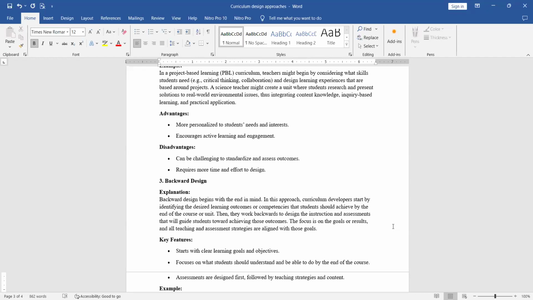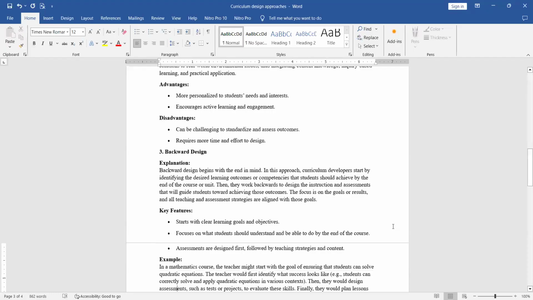Then we will go to the backward design. If you take the backward design, the focus is on the end results, the output, the intended learning outcomes. So you will do a needs analysis and learn what the students want to learn. And then accordingly you will set the objectives of the curriculum, right? This should be the intended learning outcomes, the objectives.